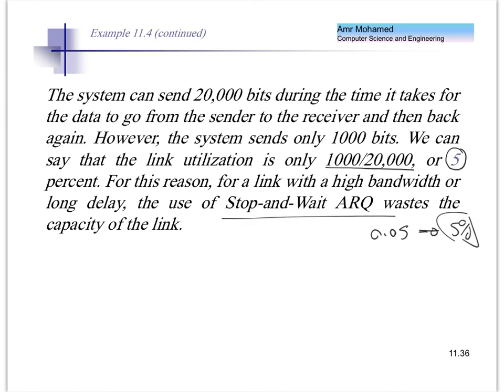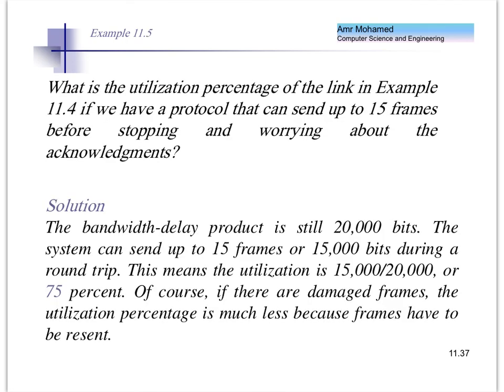So stop and wait works. It's very conservative. However, the main drawback is that the channel utilization for stop and wait is very, very bad. So if we ignore stop and wait and we send 15 frames, then we have 15 times 1,000 over the 20,000, in which case we can have up to 75% utilization for the channel.